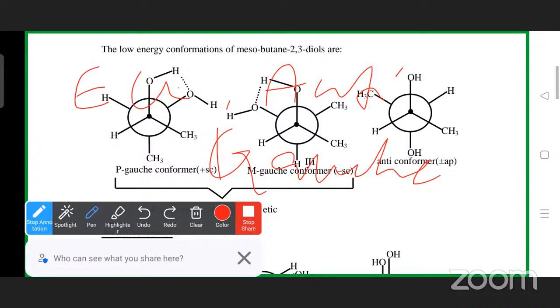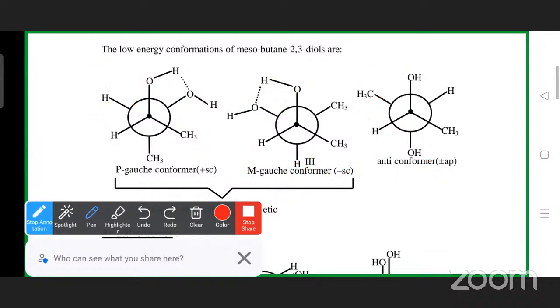If you rotate any carbon, the breakage of a bond will take place. That's why rotation is not possible. You can only flip the bond, outside or inside, and generate various conformers.